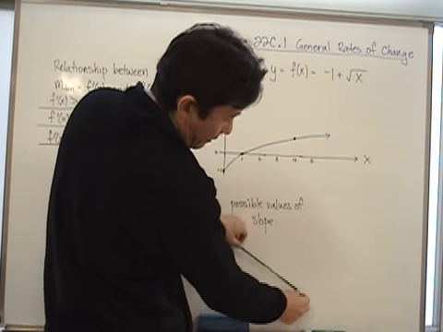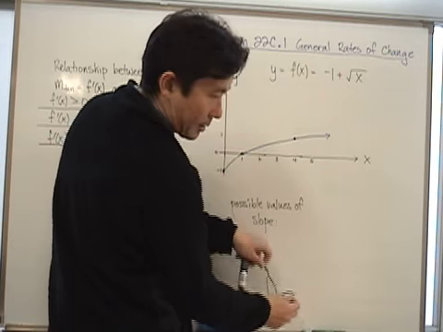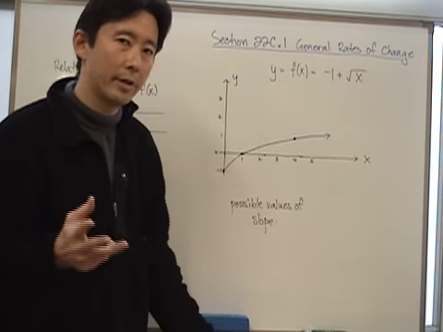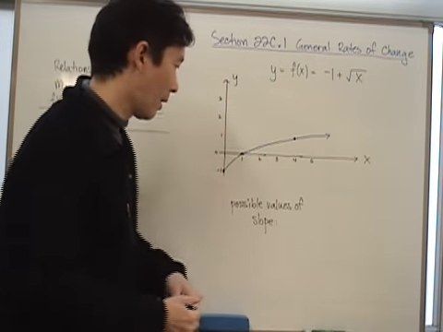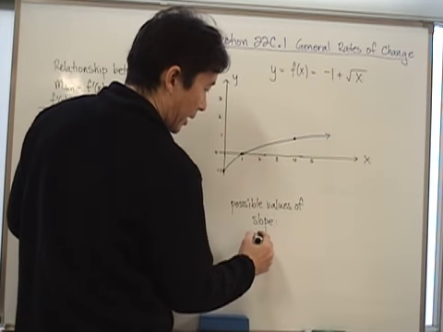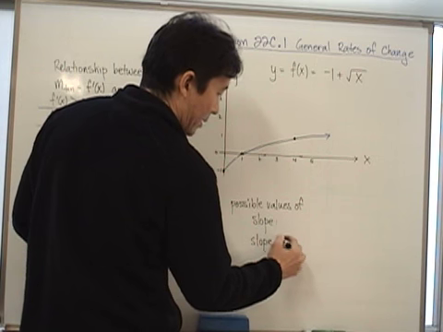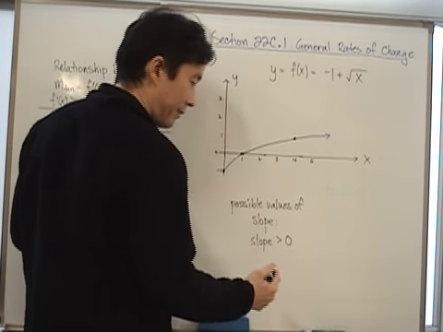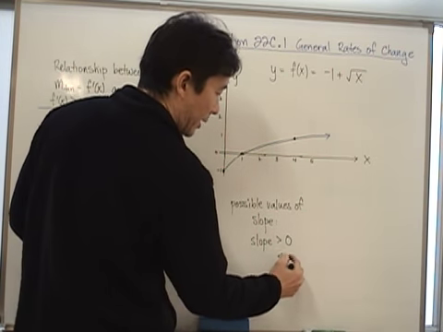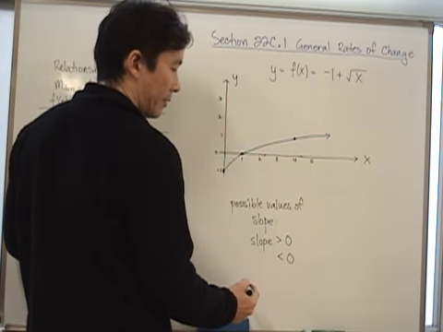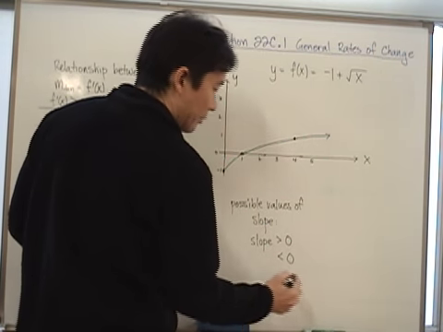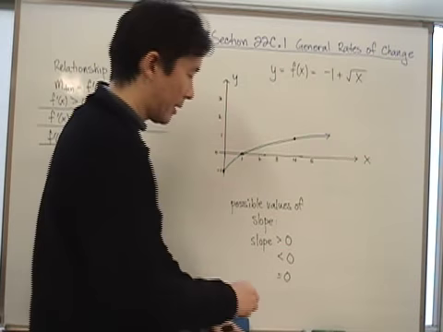So for any particular function, there are really three different categories for our slope. We can say that the slope is positive, greater than 0, it could be less than 0, which is negative, or it could be equal to 0.